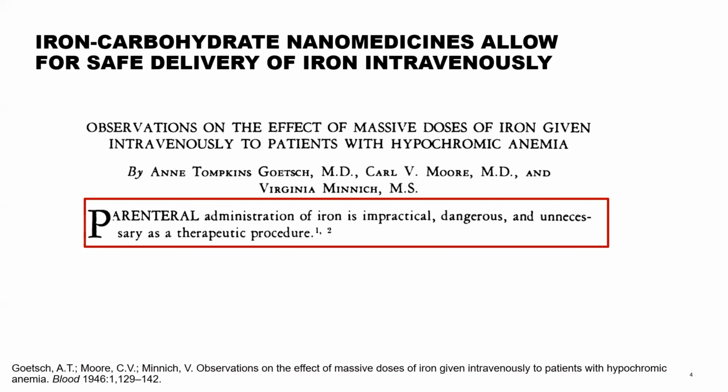The need for iron supplementation has been known for centuries. However, early studies that attempted to administer quote unquote naked polynuclear iron oxyhydroxide were associated with serious adverse events, which in fact in 1946 led this group of authors to conclude that parenteral administration of iron is impractical, dangerous, and unnecessary as a therapeutic procedure.